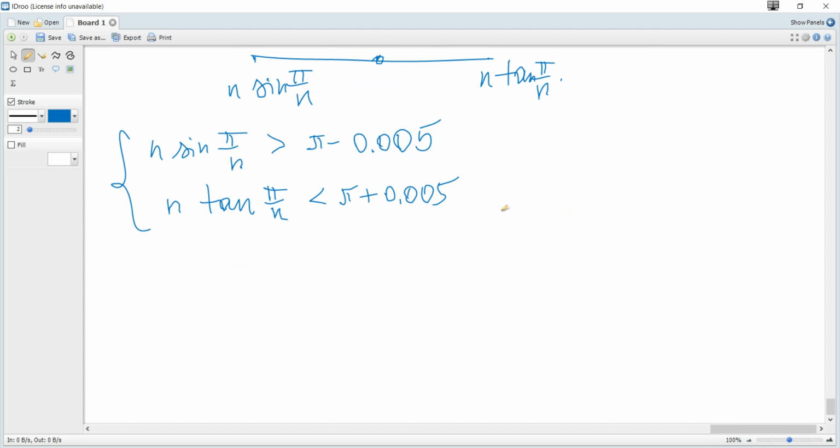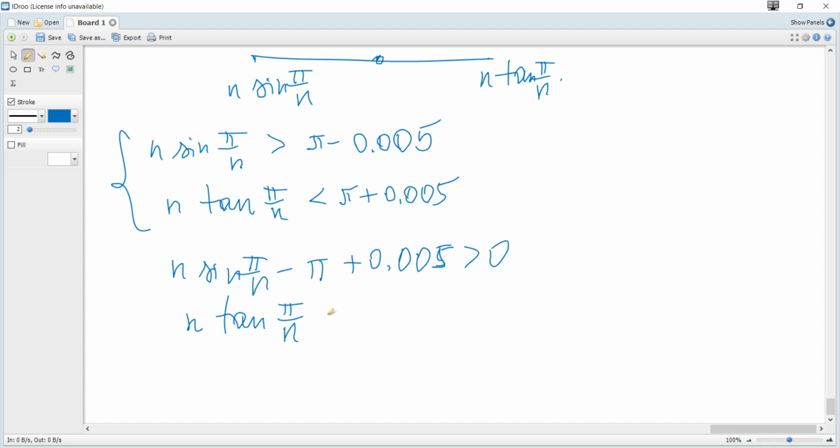And it will be more useful to rewrite as n sine of pi over n minus pi plus 0.005 should be greater than 0, and n tangent of pi over n minus pi minus 0.005 is less than 0.